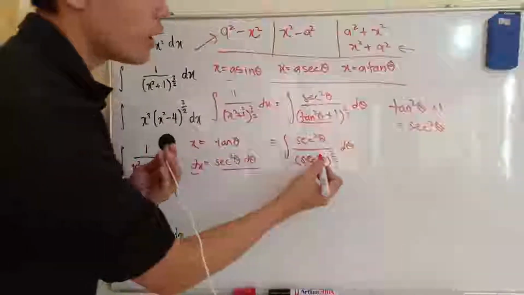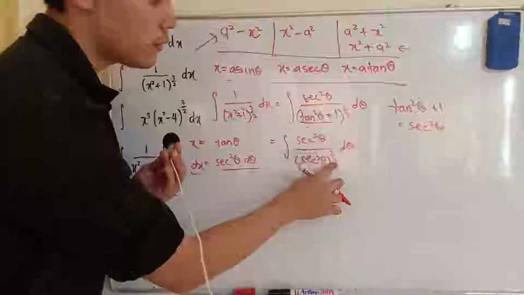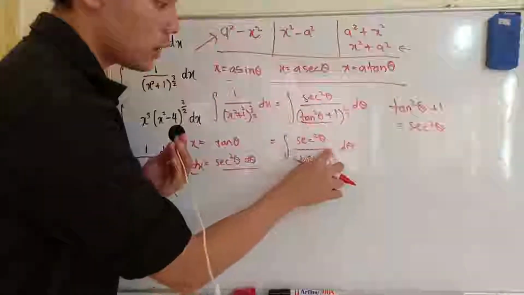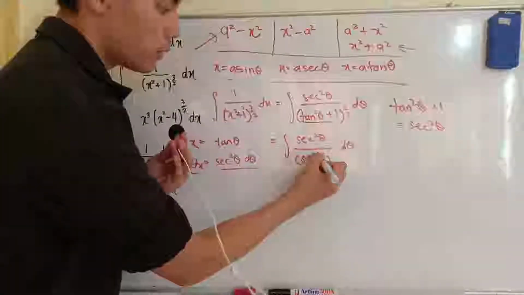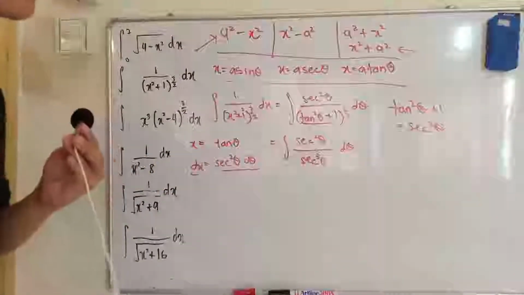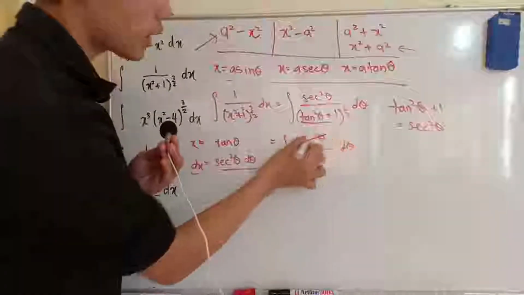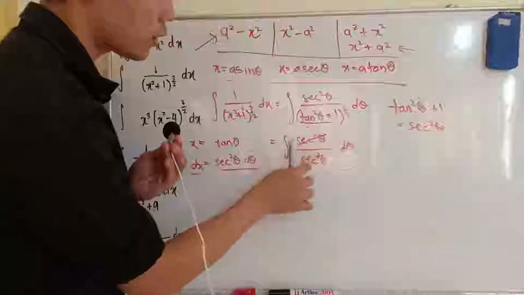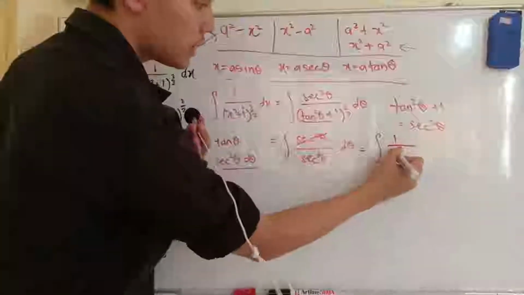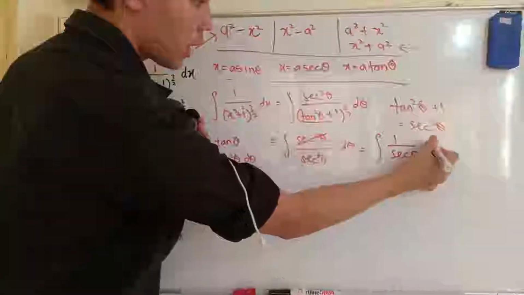Now your square times your 3 over 2, so you're going to have over here secant cube. You're going to have here secant cube, so you just need to cancel over here. So you're going to have secant only. So you're going to have here only 1 over secant theta d theta.